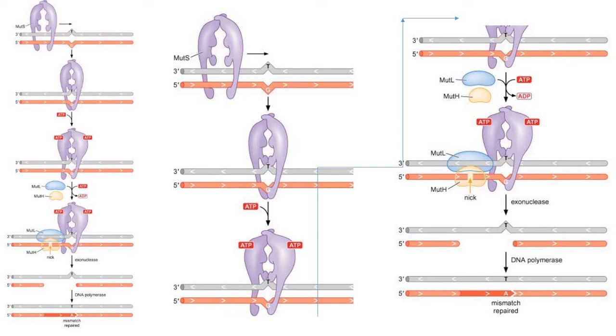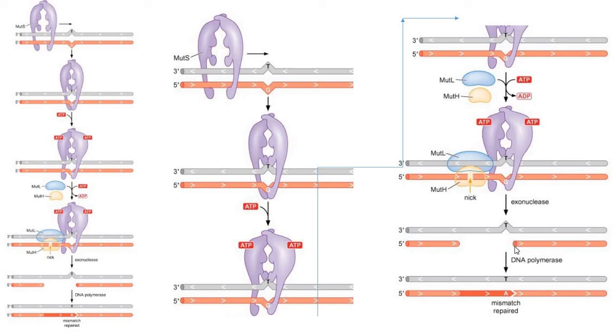Then a special helicase, UvrD, opens the DNA molecule here, the two strands of DNA, and an exonuclease will remove more nucleotides and get to the point where there is a problem.